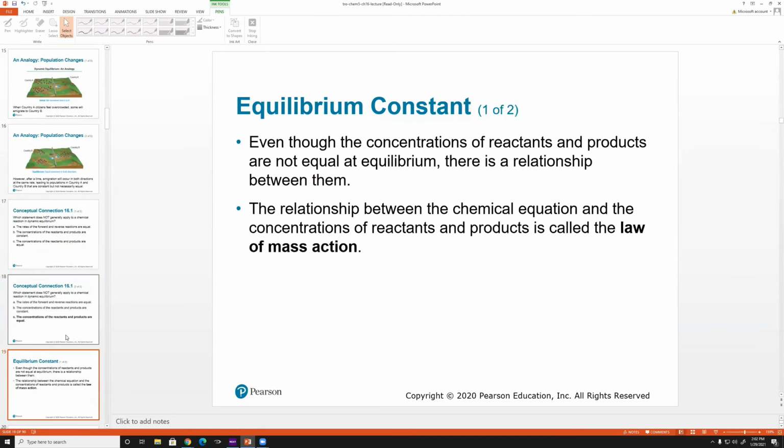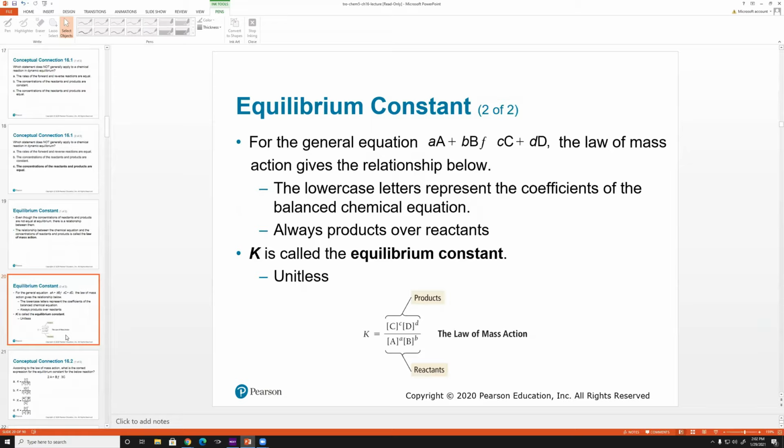We'll skip these examples for now. What we can say is that we can develop an equilibrium constant, which we'll talk more about in class. This equilibrium constant can be determined from a reaction, and can also be used to tell whether the products are more favored at equilibrium or the reactants are more favored at equilibrium.